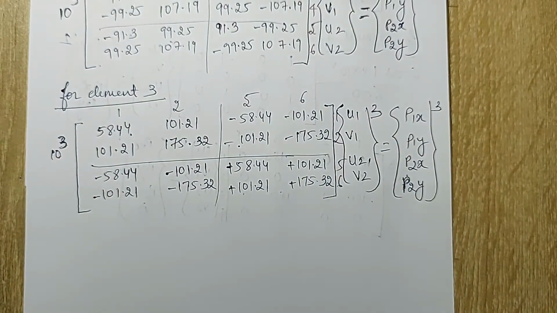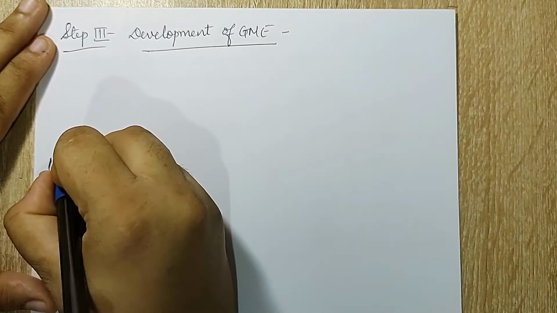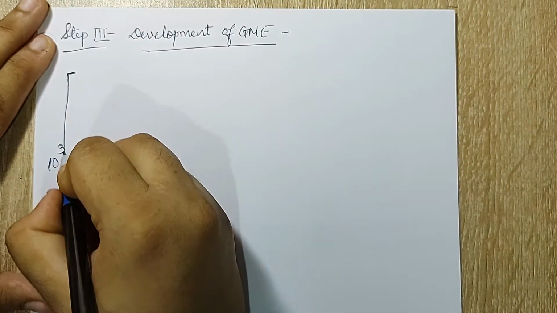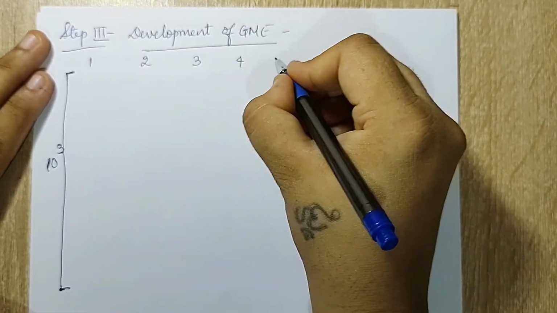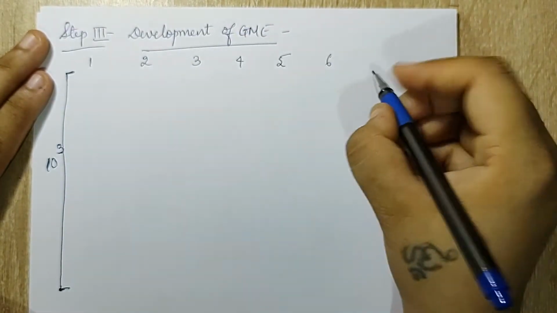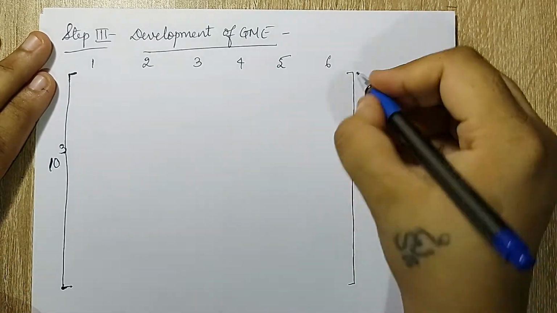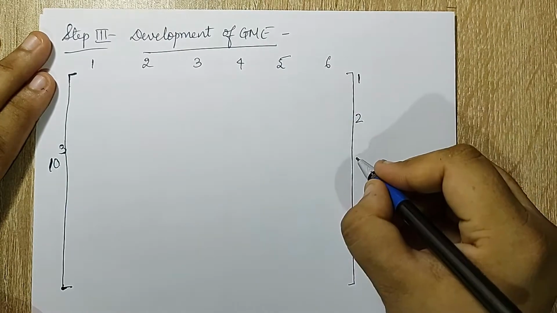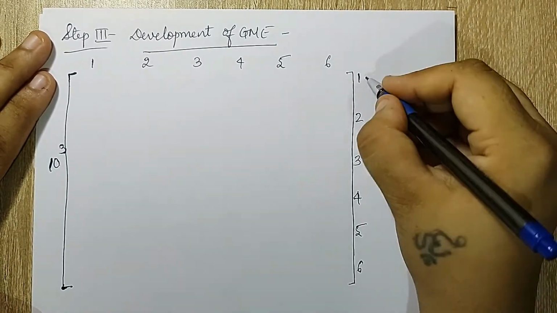Next I will go for step 3, development of GME. I will have a 10 raised to 3 common and I have 6 nodes. So I will write down 1, 2, 3, 4, 5, 6. And here I have 1, 2, 3, 4, 5, 6.